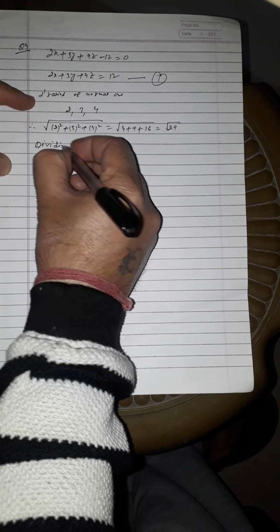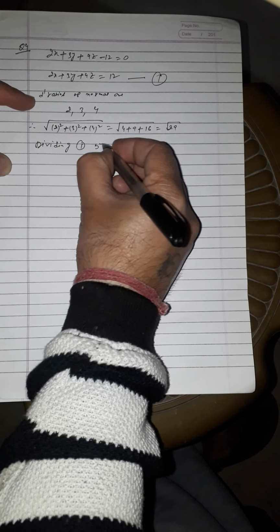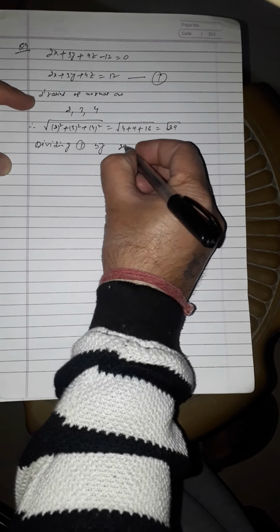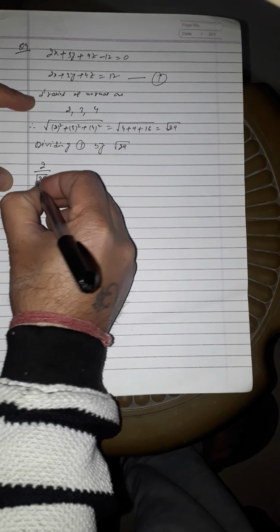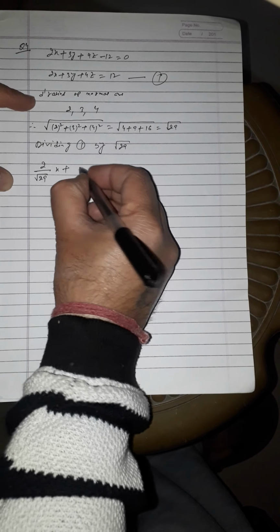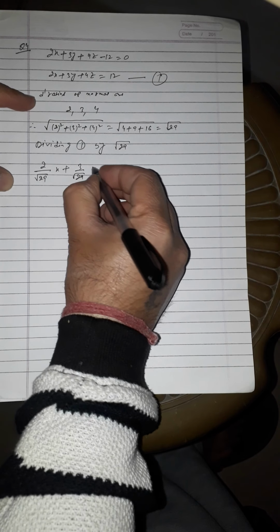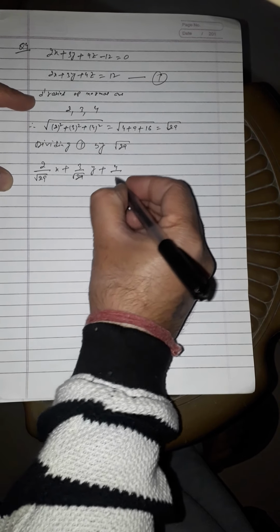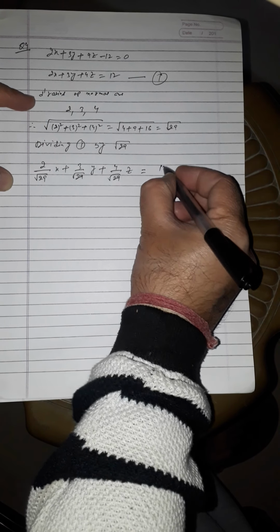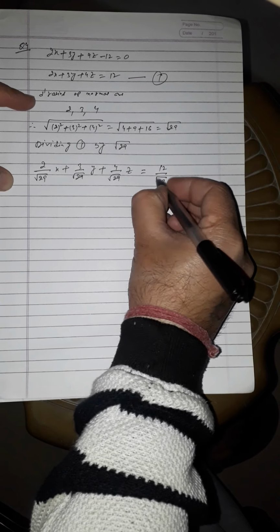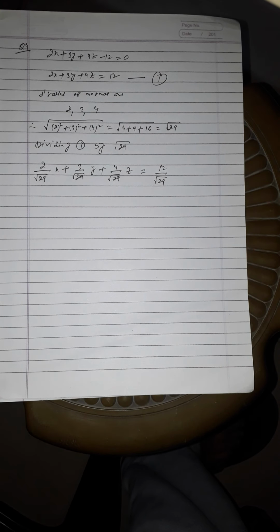Dividing 1 by root 29, what you will get is 2 upon root 29 x plus 3 upon root 29 y plus 4 upon root 29 z is equal to 12 by root 29. Right?